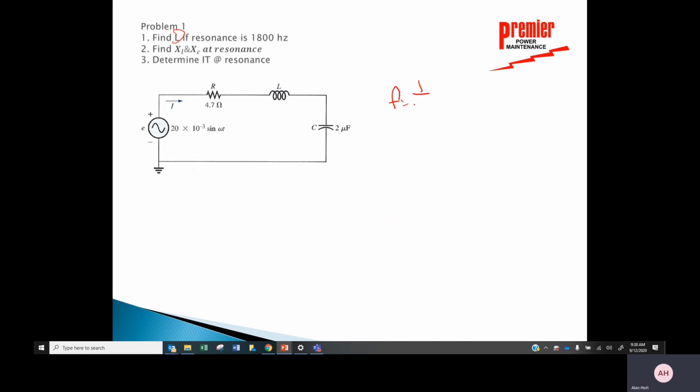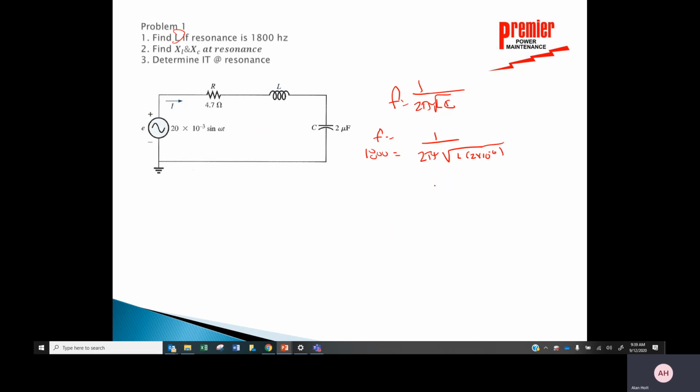Frequency equals 1 over 2 pi square root of LC, okay? And I'm going to go through this pretty quickly, but the frequency is equal to 1800, which is equal to 1 over 2 pi square root of, and I don't know what L is, but I do know that the capacitance is 2 times 10 to the minus 6th.